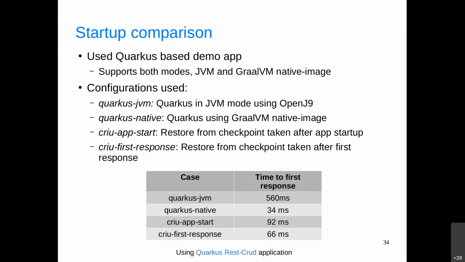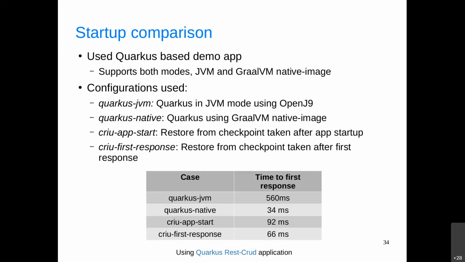And last was the CRIU first response, which is the same: we are starting the process by restoring it from a checkpoint, but in this case the checkpoint was taken when the process had completed responding to the first request.